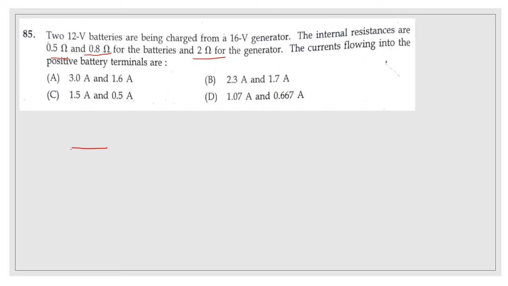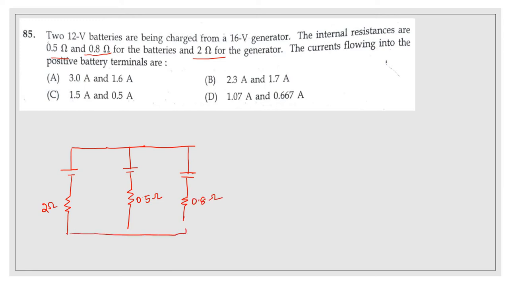First of all, I have to draw the generator, positive and negative. Then the internal resistance, 2 ohm. Next I am going to draw the battery, which also has an internal resistance of 0.5 ohm. And next the second battery with internal resistance 0.8 ohm.